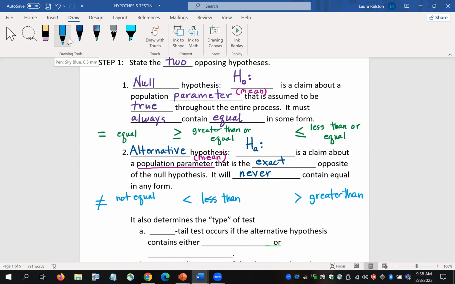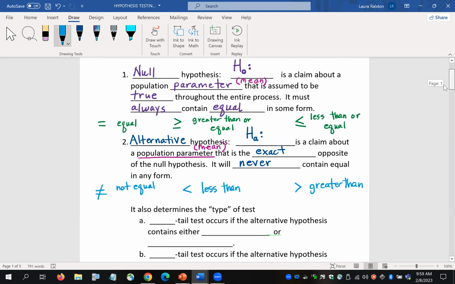Now, as a researcher, if you were doing this from scratch, you would make the decision about what your hypothesis is going to be because you would have that proposed answer in your head.